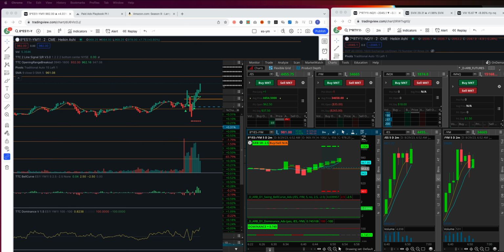We can see the ES coming up here, inching its way up towards that orange pivot line. We have this green resistance line we could work towards. The dominance is up. The green bar looks pretty weak. This is the 2-minute.